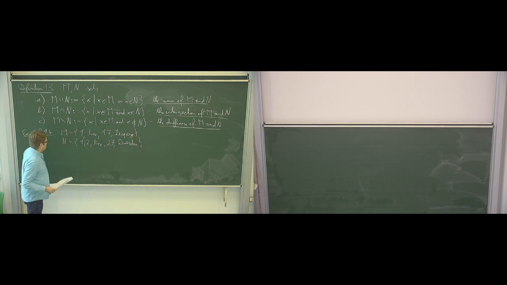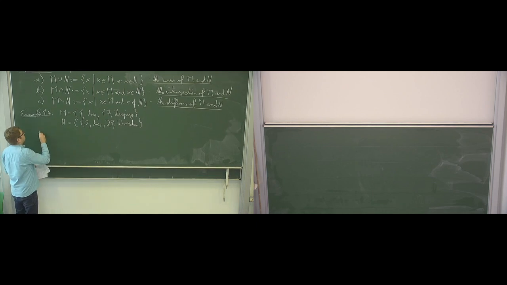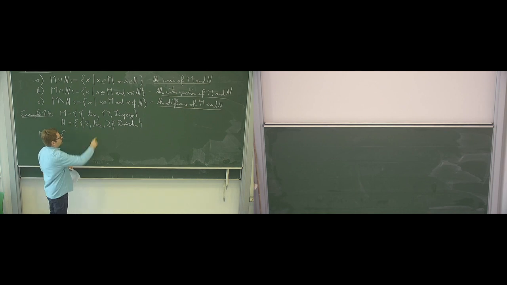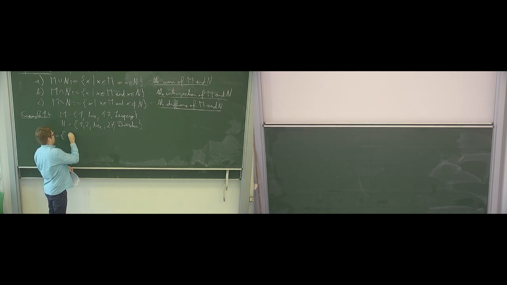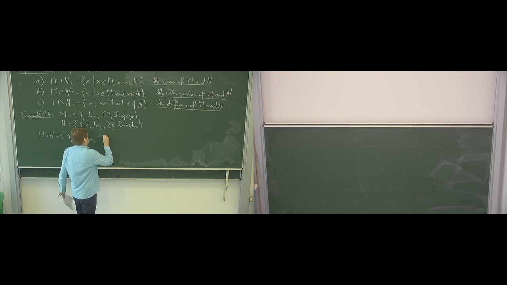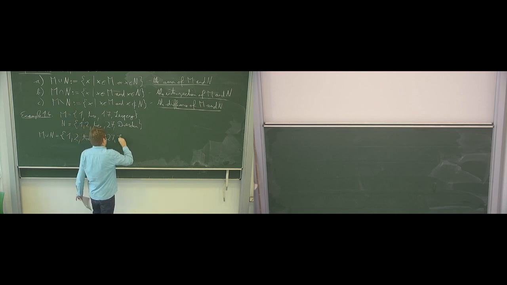So, two different sets, and then we can determine these three things. First of all, the union is the set of objects which are in one of the two. So it's just the set 1, 2, and keep in mind I had said that a set consists of distinct elements. So if 1 lies in M and 1 lies in N, it only appears once in the union, because we don't count multiple copies. So the union is here just 1, 2, then we have tree, and here it's the same. We have it in both sets, but we only take one copy of it in here. 17, 27, Leipzig, Dresden.